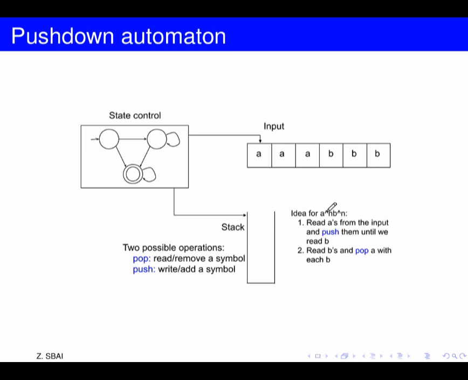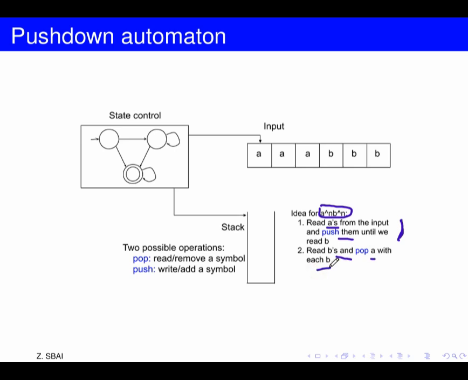For example, to recognize the set of strings a to the n, b to the n, we will read the a's from the input and push them onto the stack until we read the b. Then we will read the b's and pop one a with each b.